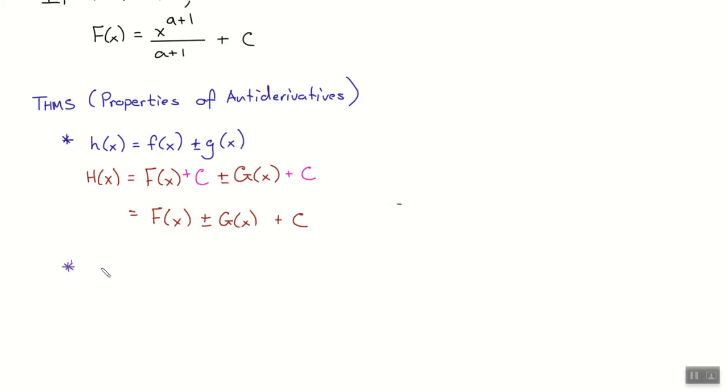Let's say that, and this is going to be an if-then statement, maybe. I lied. Let's say that g of x is equal to some constant k times f of x. Then, what do you think cap G is?